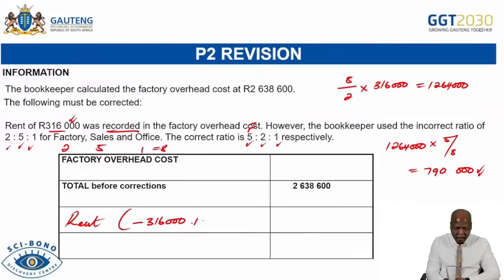So I'll come and say plus 790. This becomes the correct amount. And if you close your bracket, you must get your final amount over there. Okay. And then let's move on to the next aspect. Very key that you do these adjustments properly.